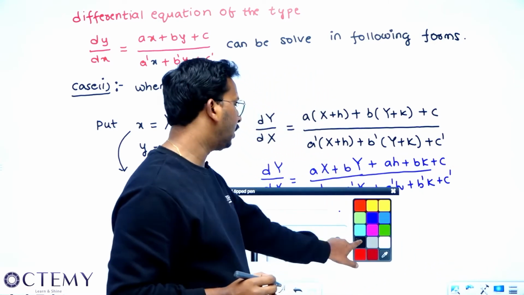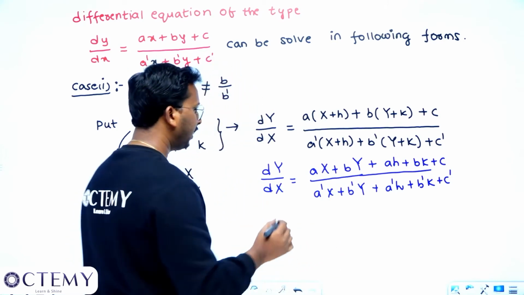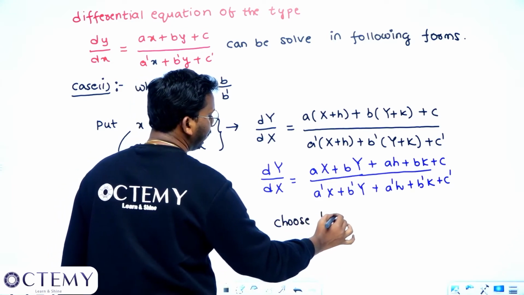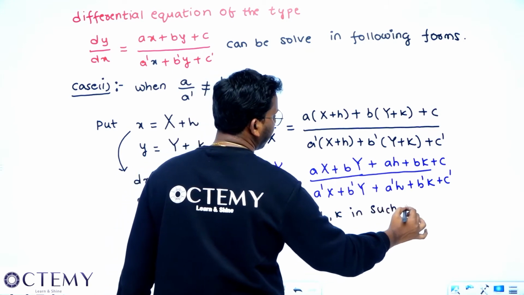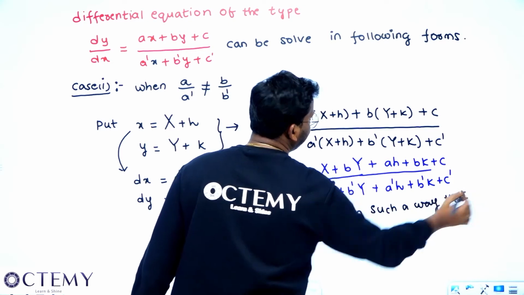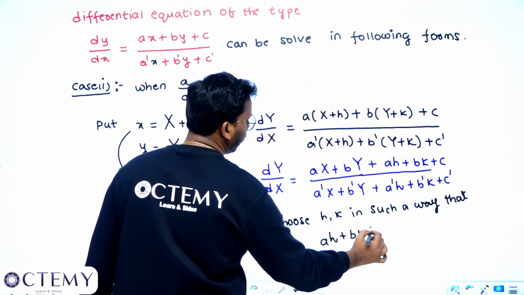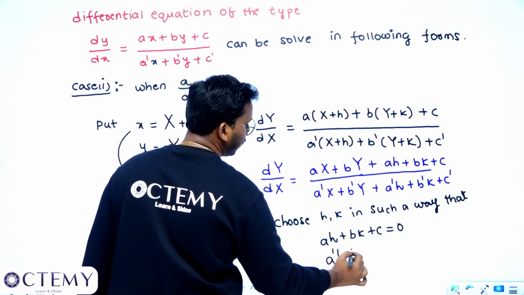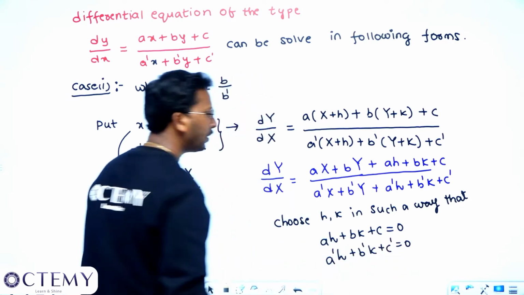Now see, what is the mathematical gimmick we are doing? Choose h and k in such a way that a h plus b k plus c becomes 0 and a dash h plus b dash k plus c dash also becomes 0, right?